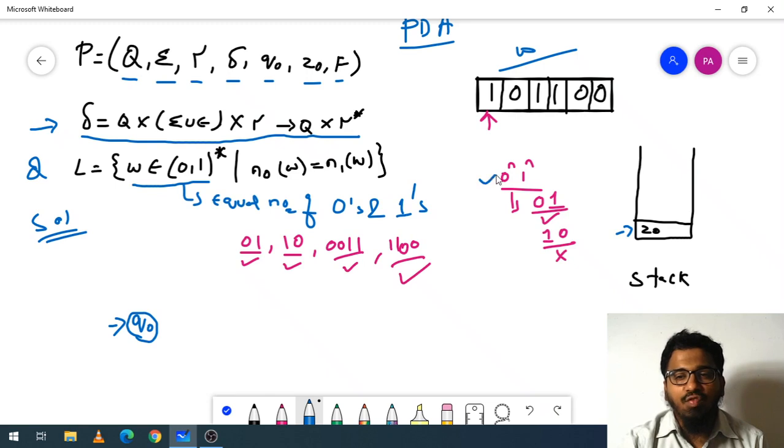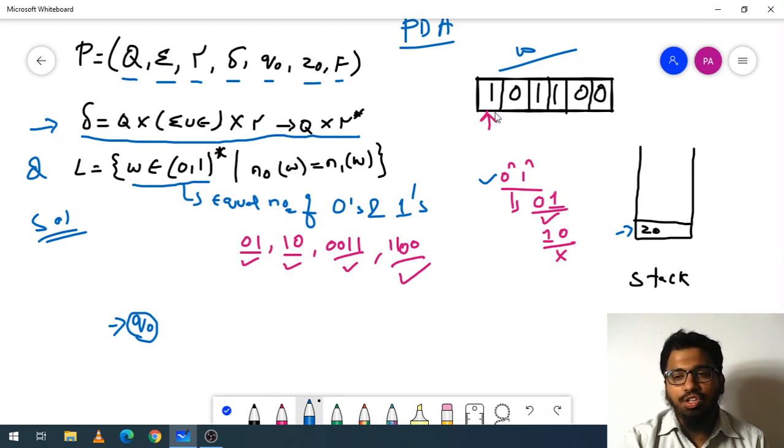But here, whenever you get either 0 or 1, whichever symbol comes first, just add it to the stack. Here we are getting 1, so add the 1 to the stack and remove it when the 0 occurs. It is the same operation I showed you in the last example, but there I took 0 first and now I am taking 1.